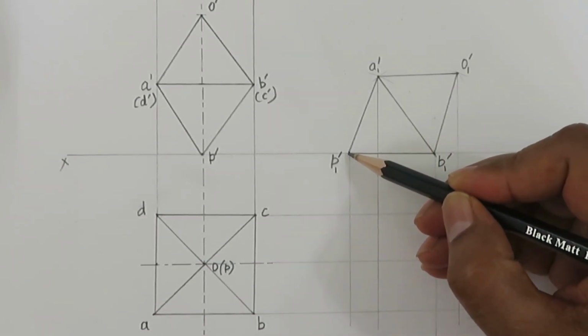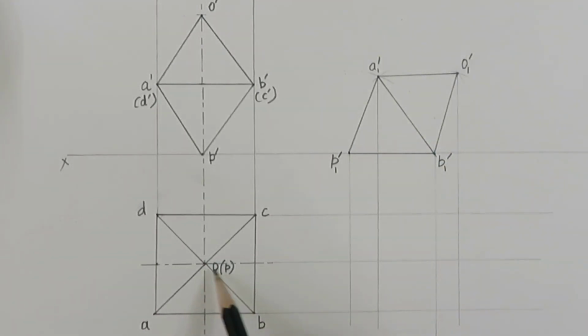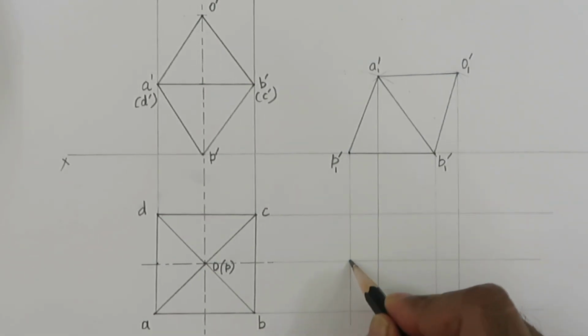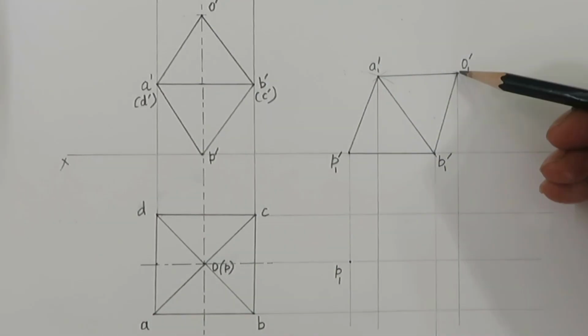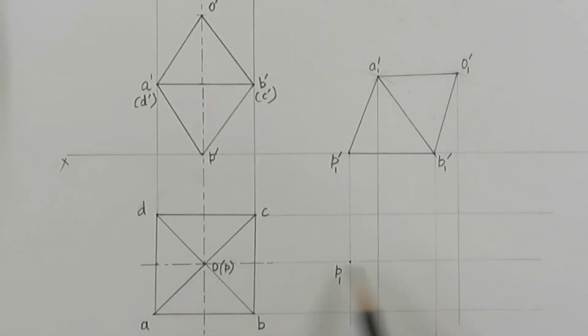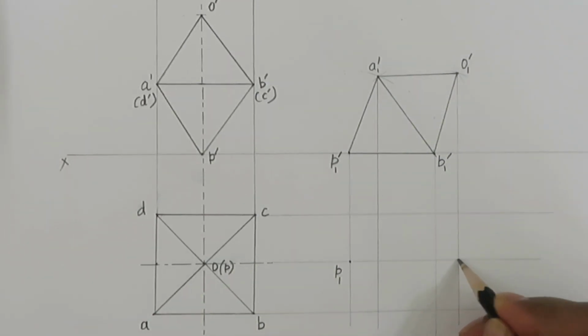So point P and point P from here. So this is for P, and here we will write P1. Point O and point O from here. So this is point O. So we will write O1.